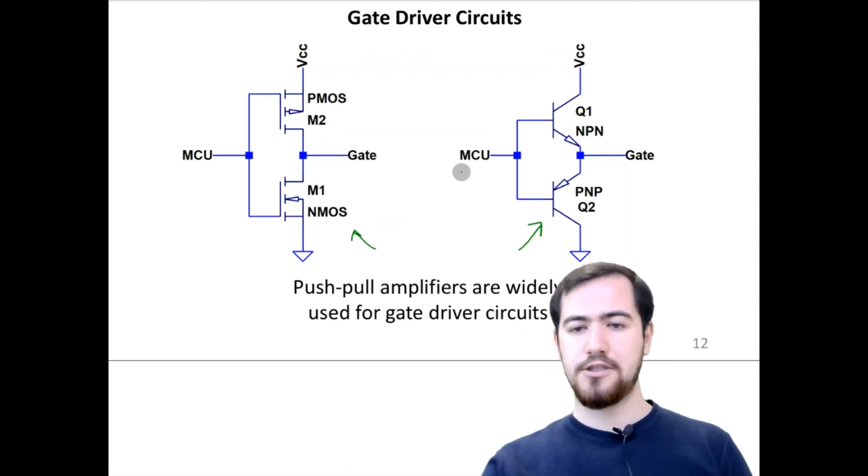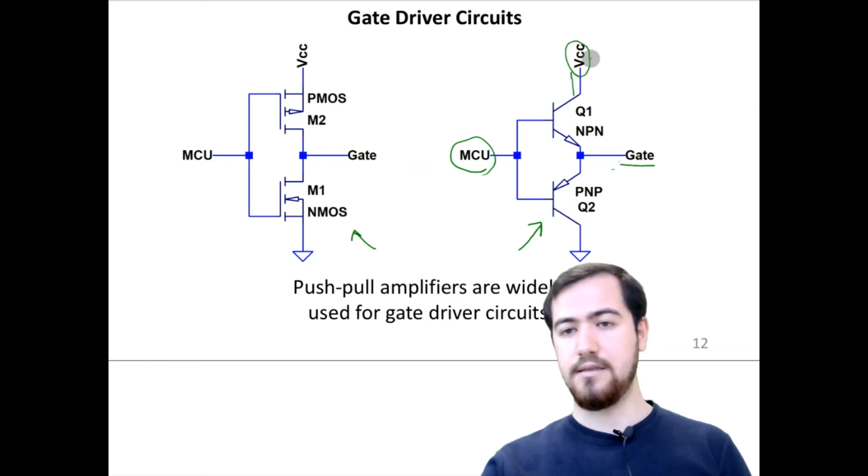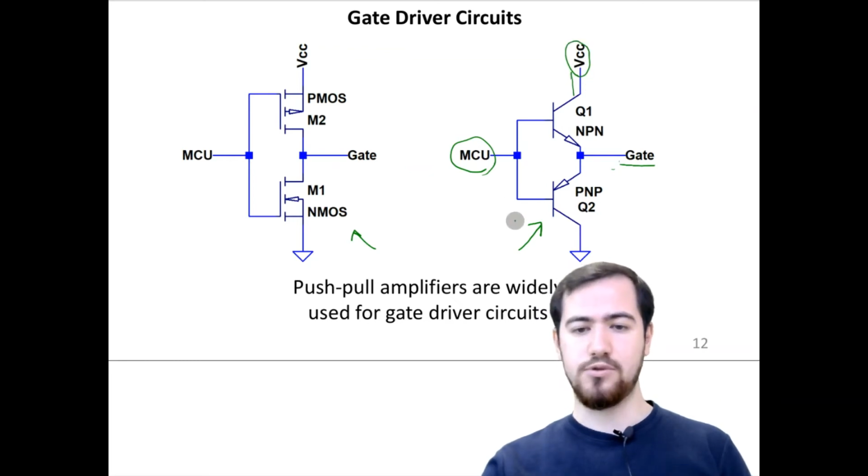Here you connect this input port to the microcontroller port of your digital controller, and this pin is connected to the gate of the switching component, and the main current is supplied through the external voltage source.